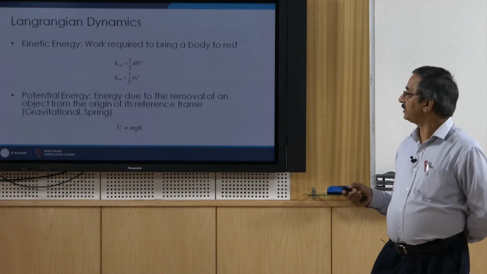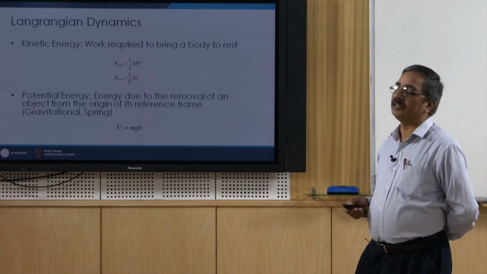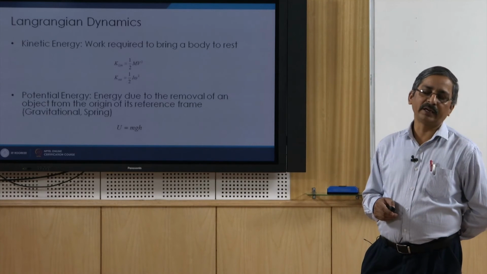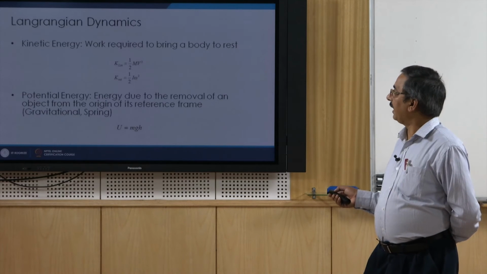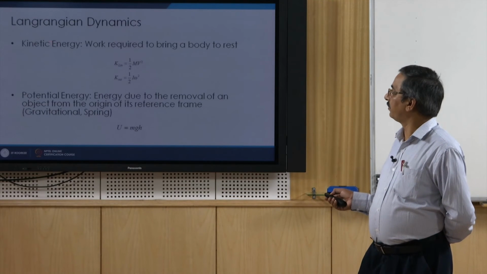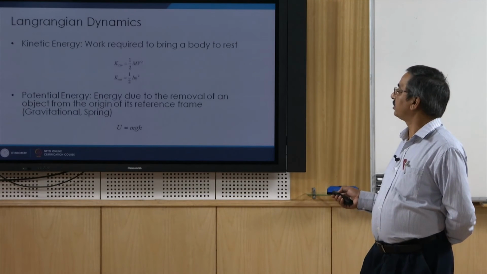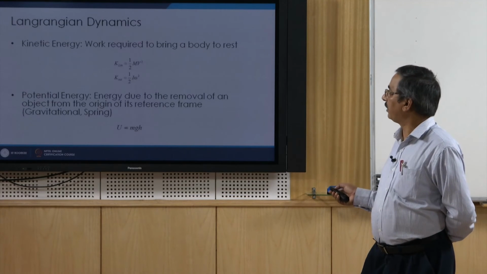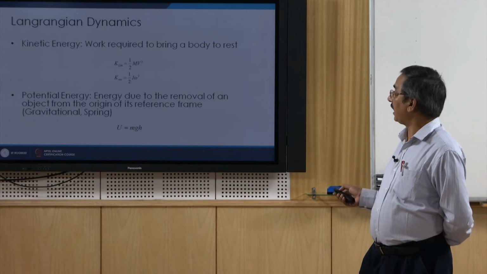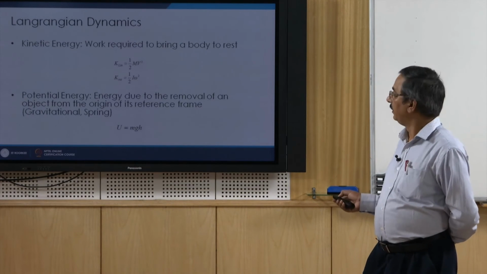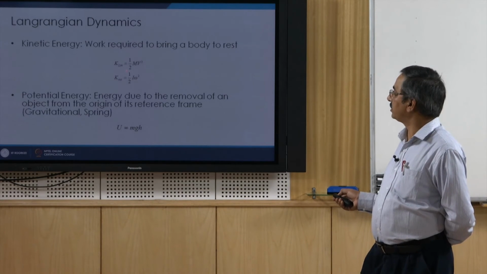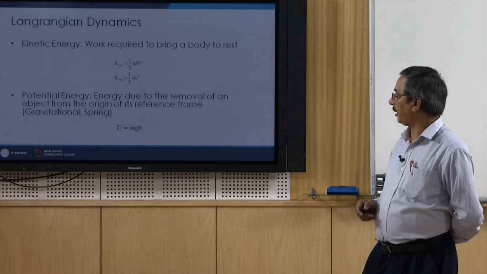The next method which I would like to describe is the Lagrangian way of finding the dynamic equation of the manipulator. In the Lagrangian method we first evaluate the kinetic energy, the work required to bring a body to rest. For linear motion this is half m v squared, and for angular rotary motion this is half I omega squared.